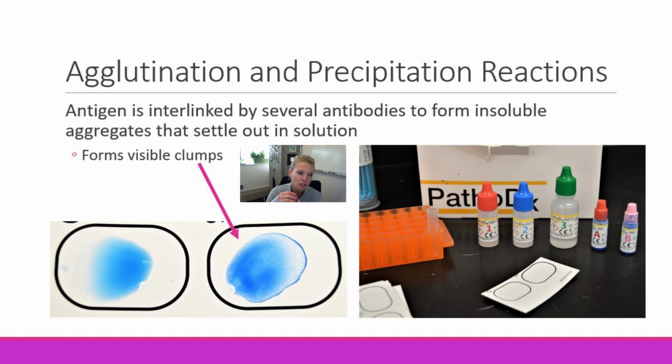And so in the first circle, you can see that it's pretty uniform, pretty clear. It's blue, but it's not clumped together. Like we see in the right-hand circle, we actually can see some visible clumps. And so the visible clumps show us a positive antibody-antigen interaction, which would indicate that that test would be positive for whatever antigen we're looking for.